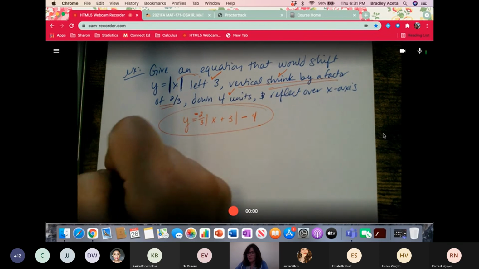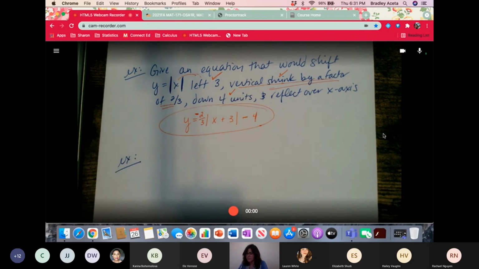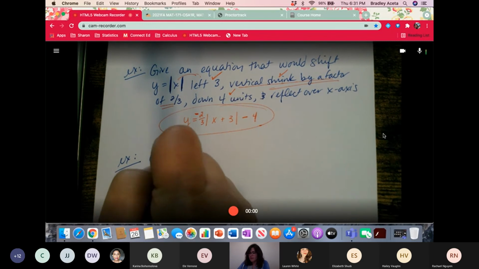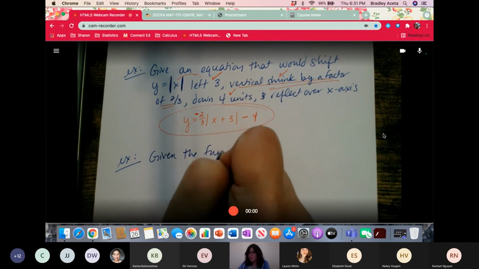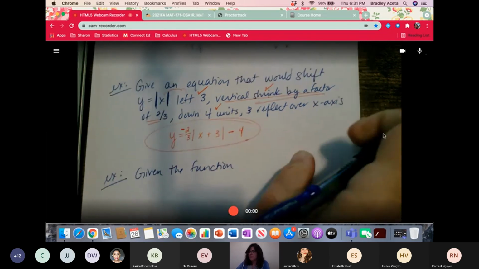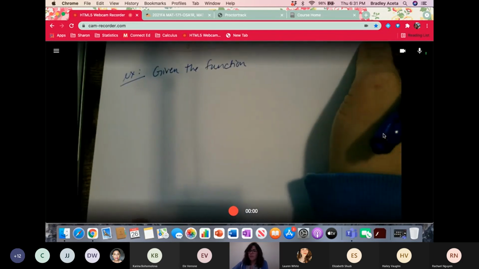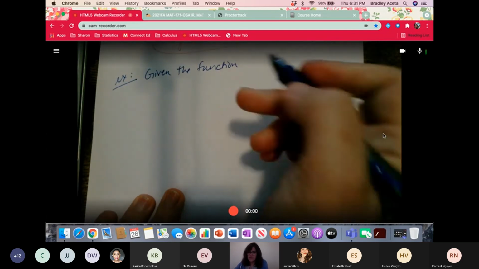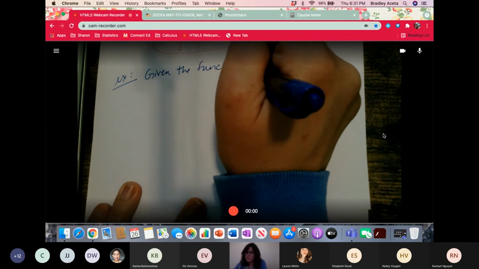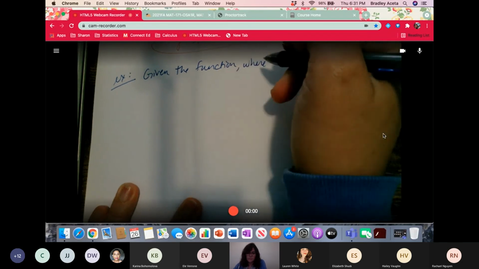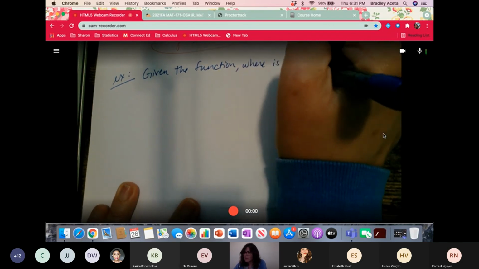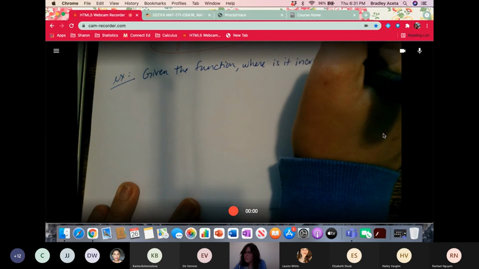And one more. Given the function, where is it increasing, decreasing, and constant on the open interval?